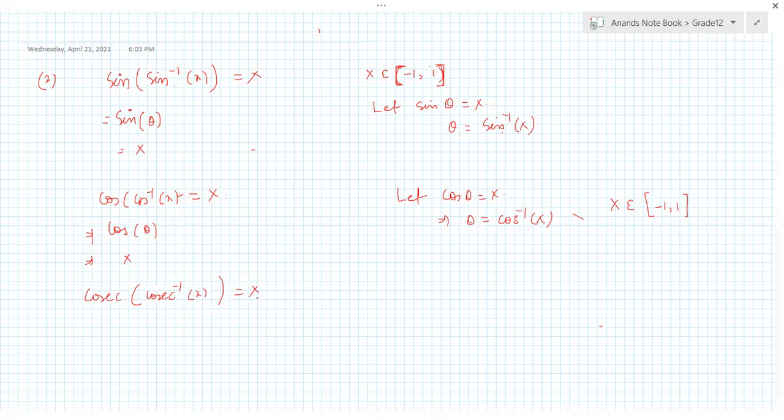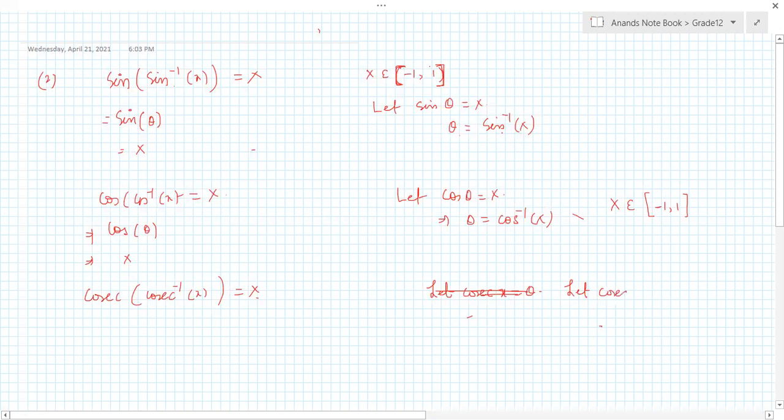So we'll say let cosecant theta equal to x. Theta will be equal to cosecant inverse of x.